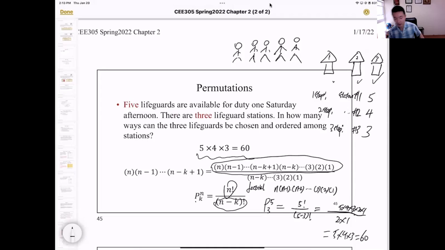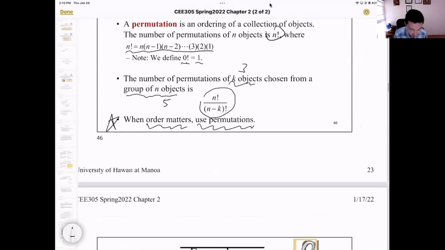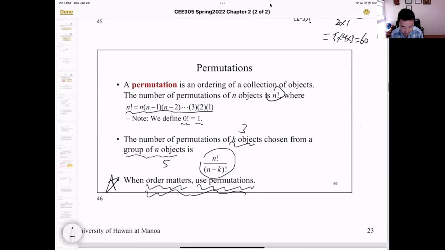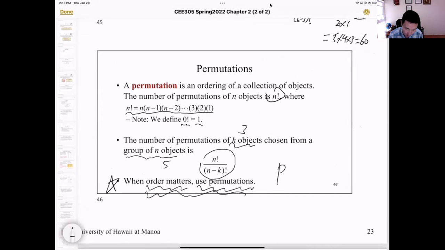In this case, the order matters, because the stations are different. So when the order matters, we should use permutation, which is P(k, n).